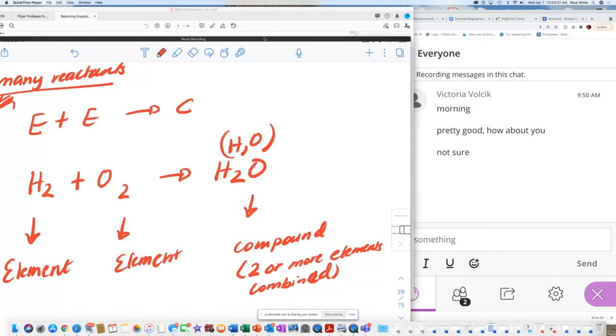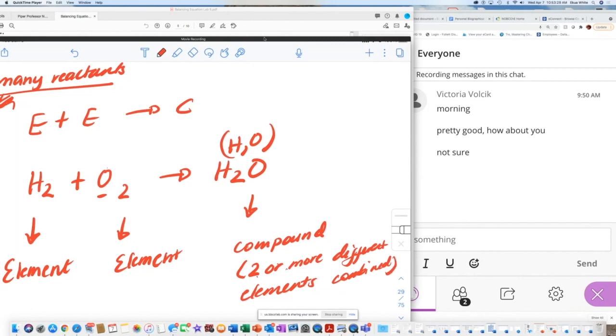Sorry, I should add here, two or more different elements, not just two or more elements. Two or more different elements combined.